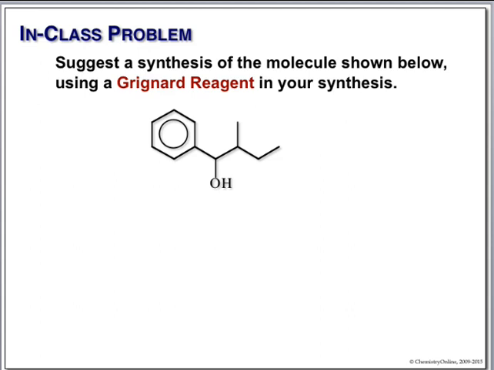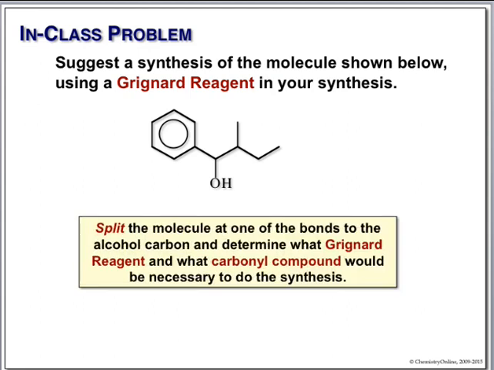Well, what you would do is you would look at your molecule and you would say, okay, here's the OH group. Now that used to be a carbonyl, right? And one of these things that's attached on either side was a Grignard. So let's just split the molecule on one side or the other. Let's say that this is the bond we made in our Grignard reaction.